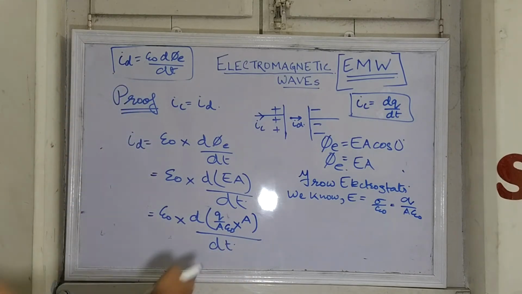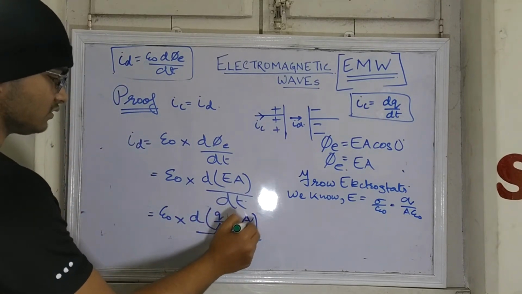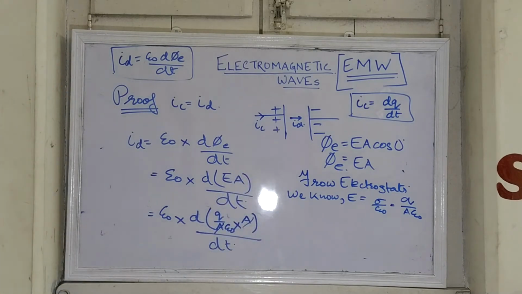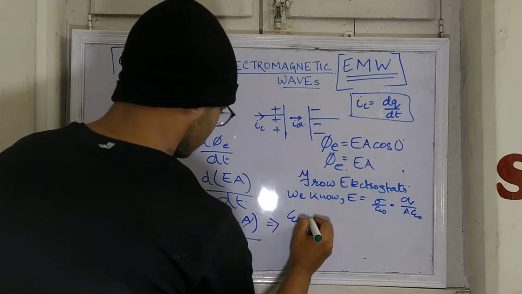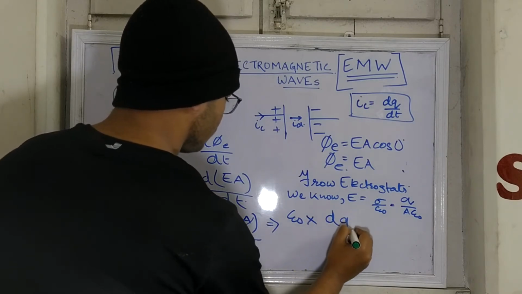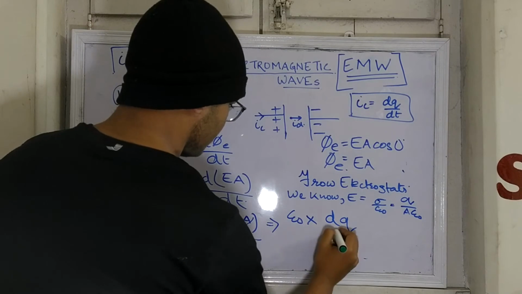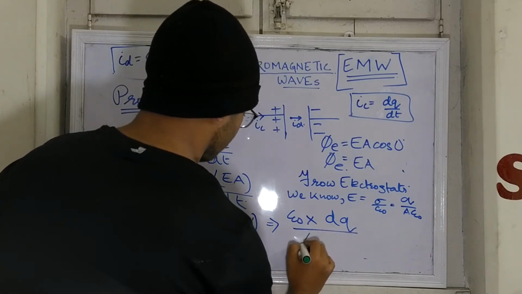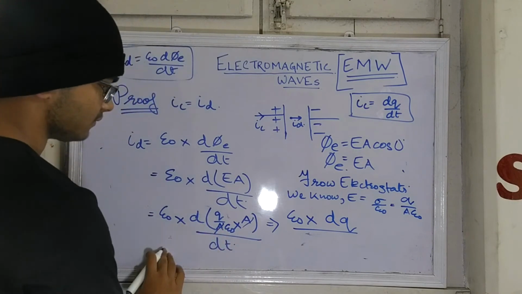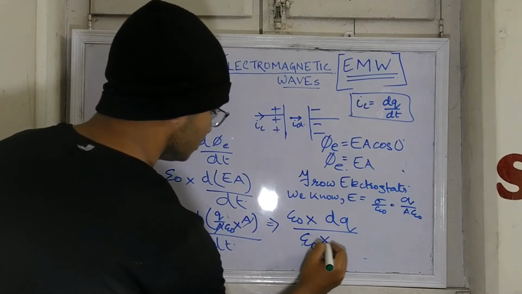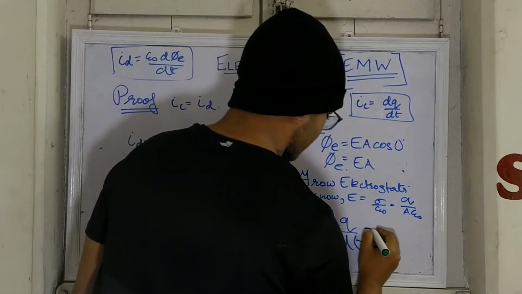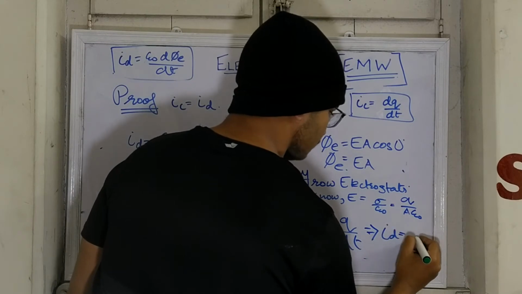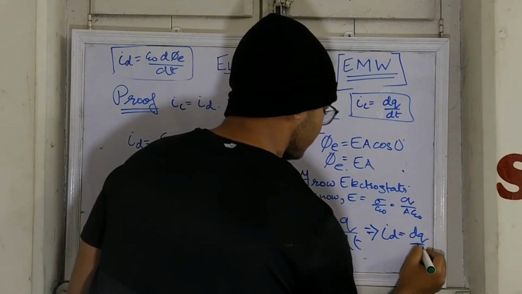Now see, this A and A cancel out. This epsilon naught is constant, so it comes out, and this epsilon naught also cancels. So epsilon and epsilon cut out, and what do we get? ID equal to dq by dt.